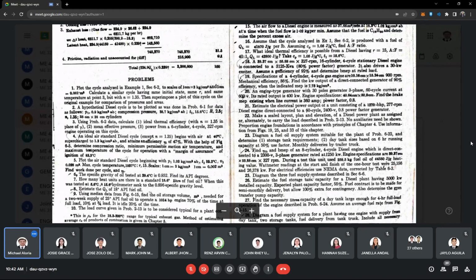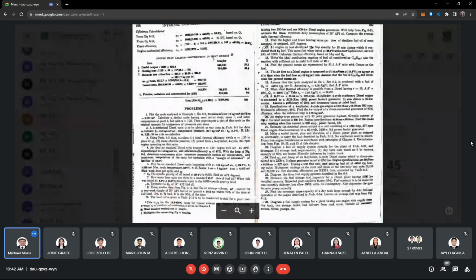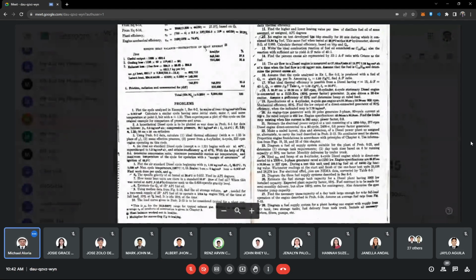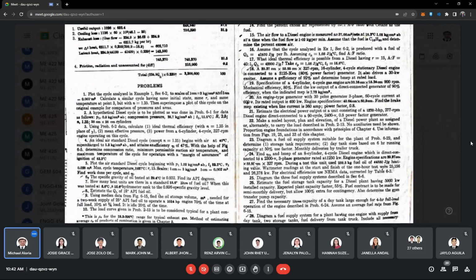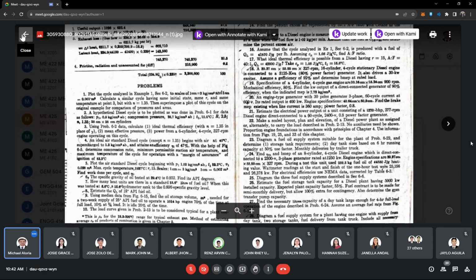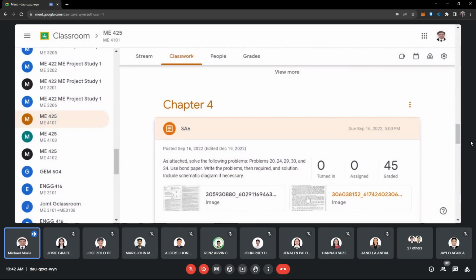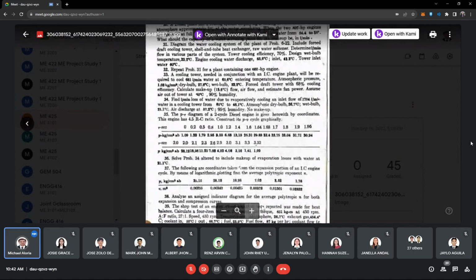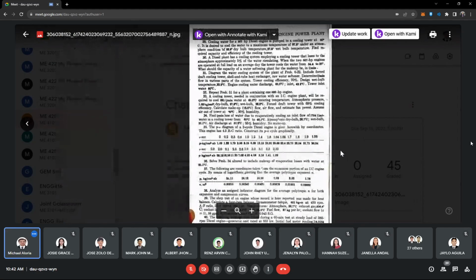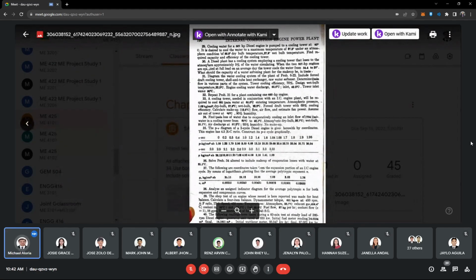Ang 29 nasa sunod na page. 20 lang ang kukuhanin mo dito. Then 29, 30, 34.